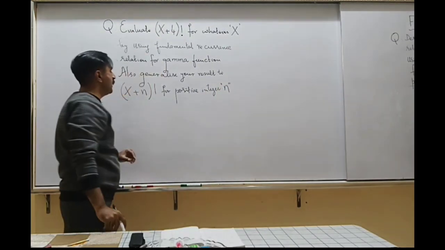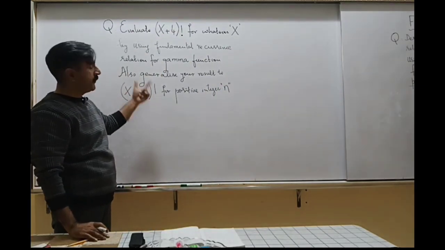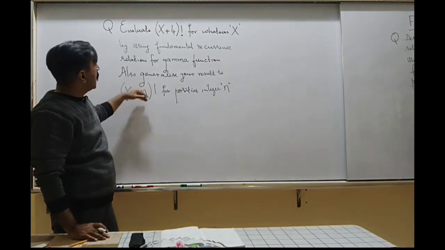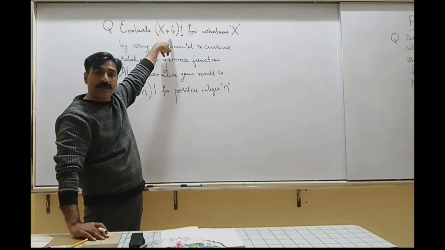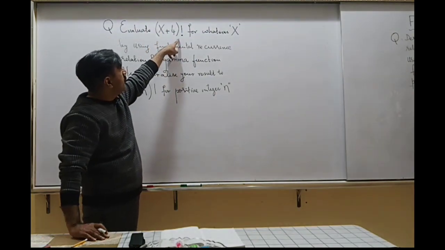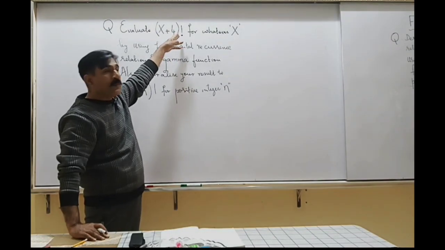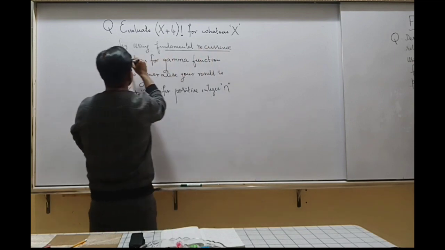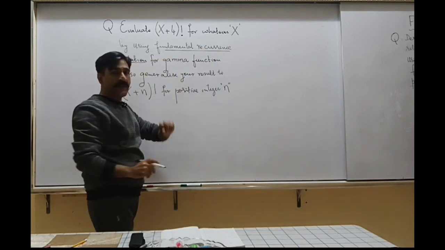N is a positive integer, then what is x plus n factorial? You will develop its formula by generalizing the result which you obtain for x plus 4 factorial. And in x plus 4 factorial, you have been told how you can prove it: by using the fundamental recurrence relation for the gamma function.